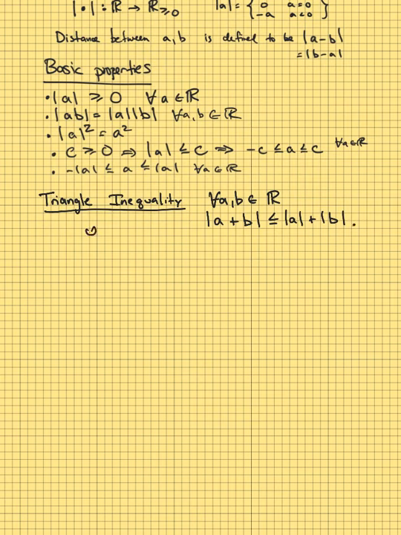I'll post this as a lecture problem. The natural thing now is to go into convergence, but I'm going to stop here and do that in the next lecture. So, thanks.